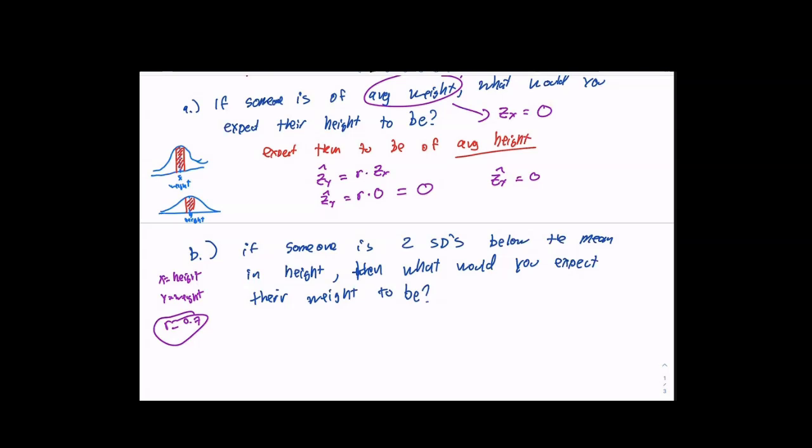We don't know, right? They could be short, but stout, however you want to say it. But what would you expect their weight to be if you have no other information about the person except that they're below the mean of average height? What would you expect about their weight?